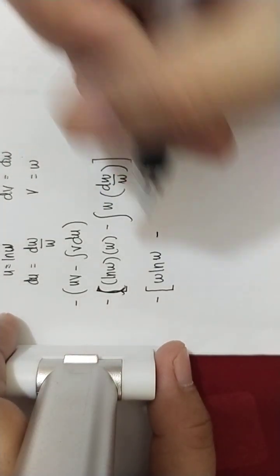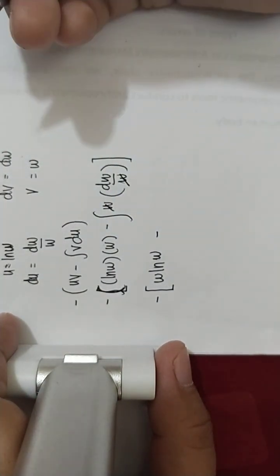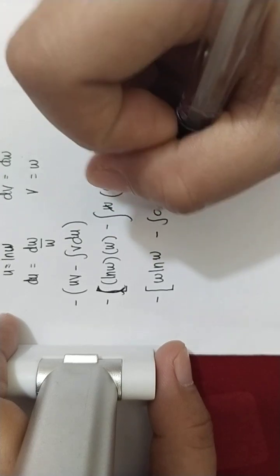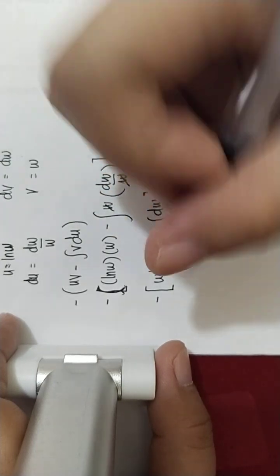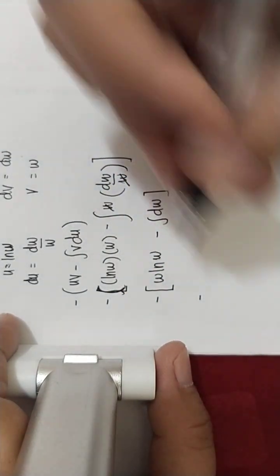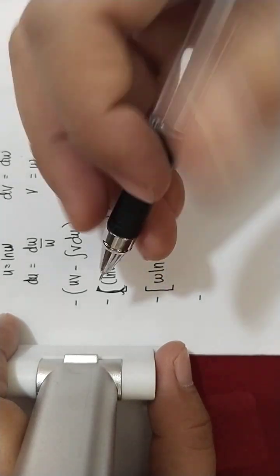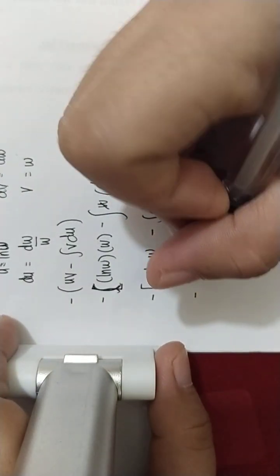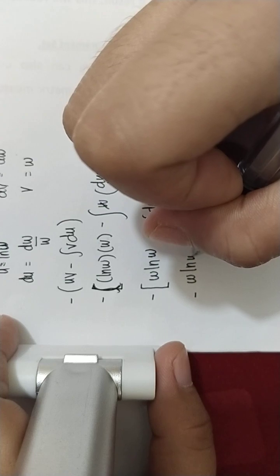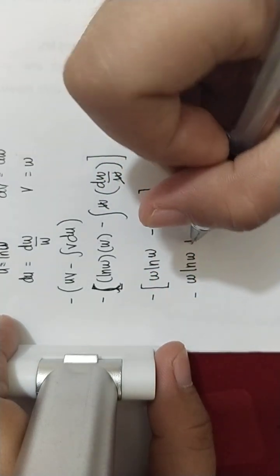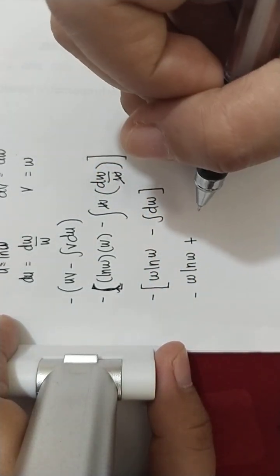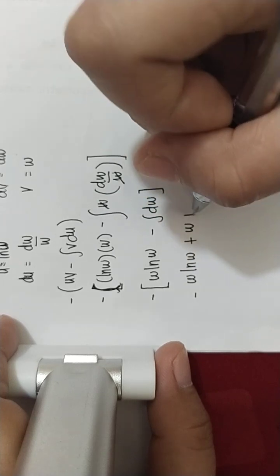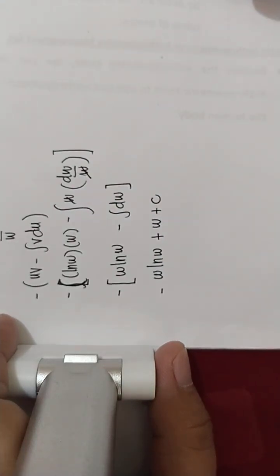And then for this one naman, we can actually cancel out the w over w, then the remaining will be dw. Okay, let's rewrite it again, or actually we can distribute it already. So this will be negative w ln of w, negative times negative, that will be positive, and the integral of dw is w plus c kasi nag-integrate na tayo.